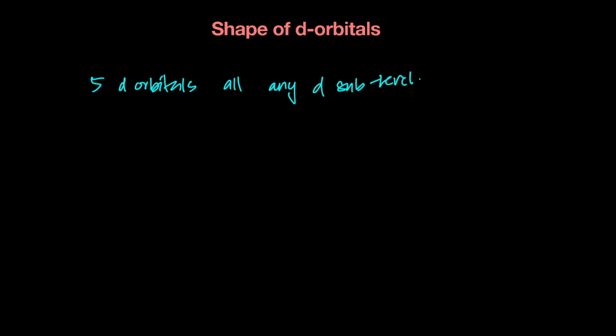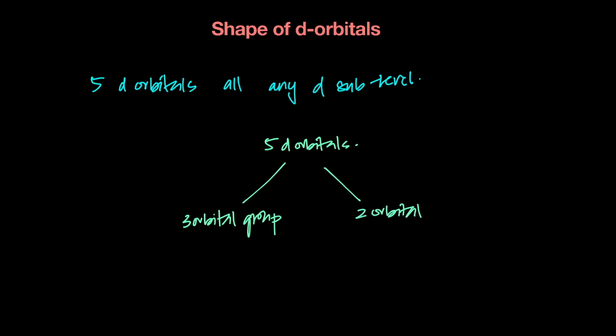They're literally divided into 2 different groups: a 3 orbital group, literally that, and a 2 orbital group. And that has to do with the shape and spatial arrangement, like how they are occupying space around the nucleus. So we have a 3 orbital group and we have a 2 orbital group.